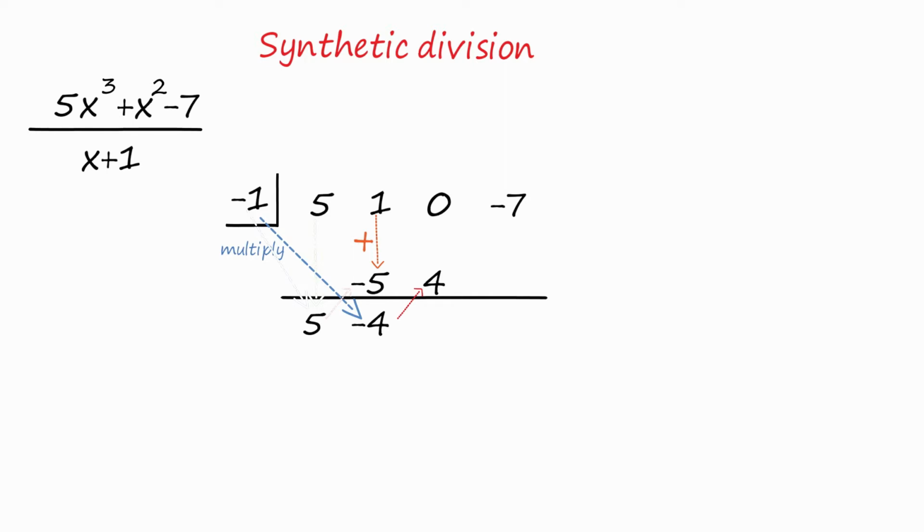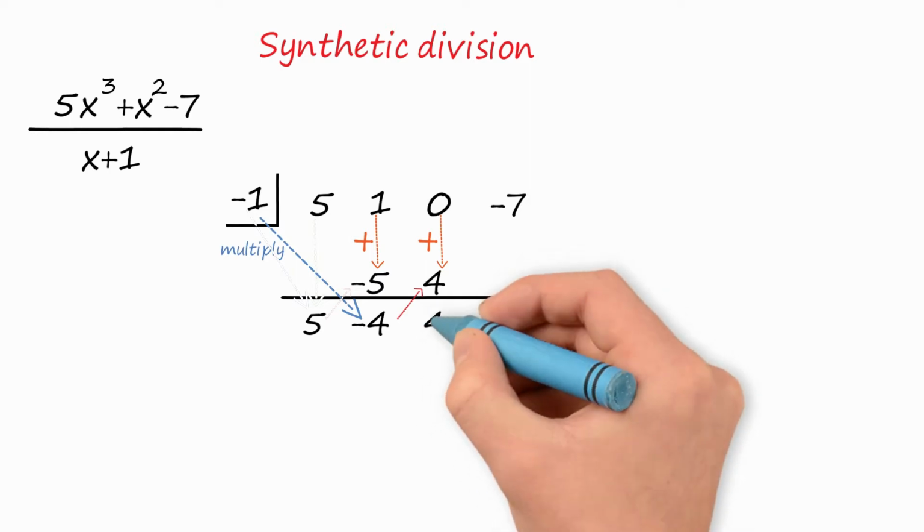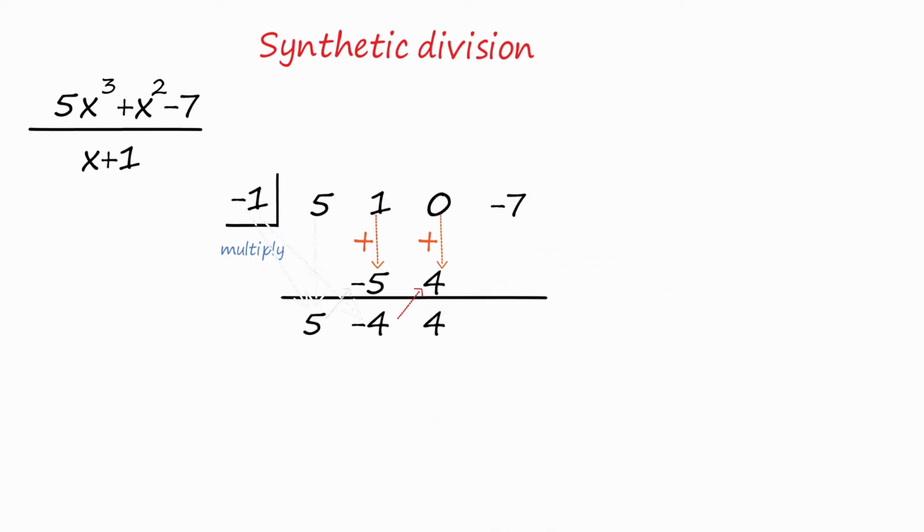And now we need to add the numbers in the third column. We have a 0 and positive 4. 0 plus 4 is just positive 4. And now we need to repeat the process just one last time.